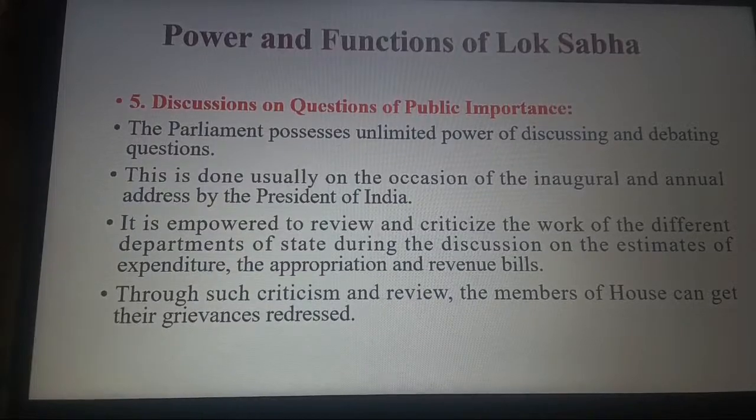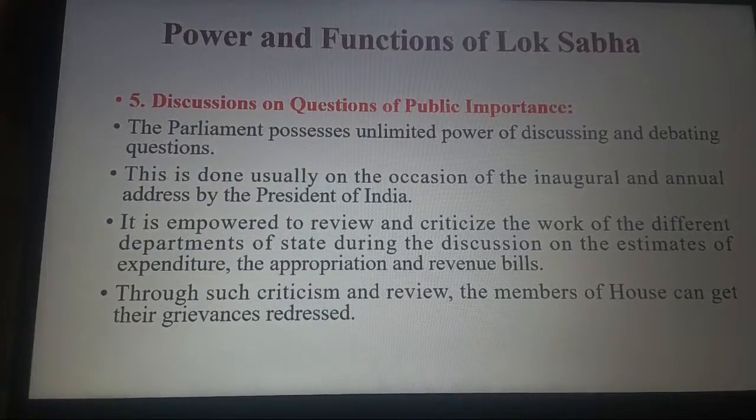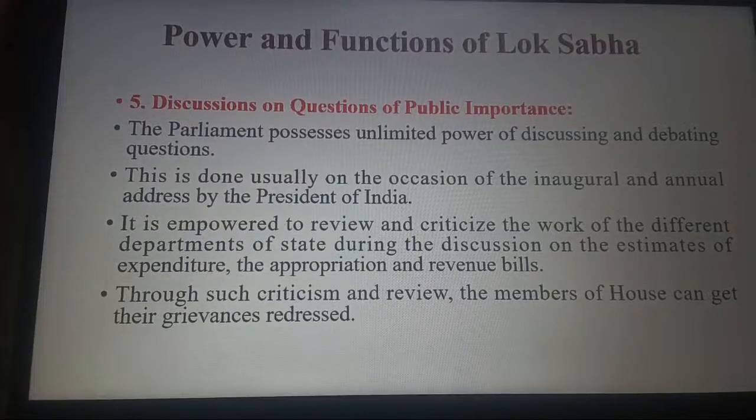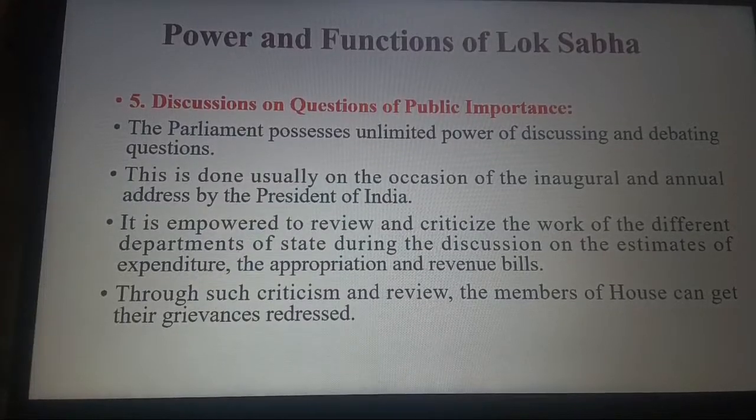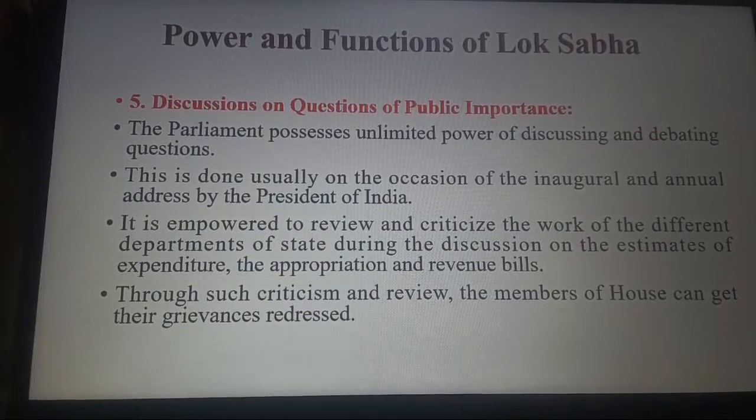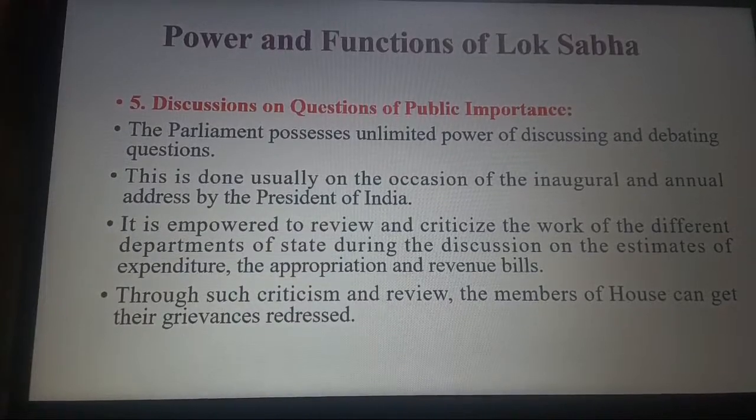It is empowered to review and criticize the work of the different departments of state during the discussion on the estimates of expenditure, and the appropriation and revenue bills. Through such criticism and review, the members of the House can get their grievances redressed.